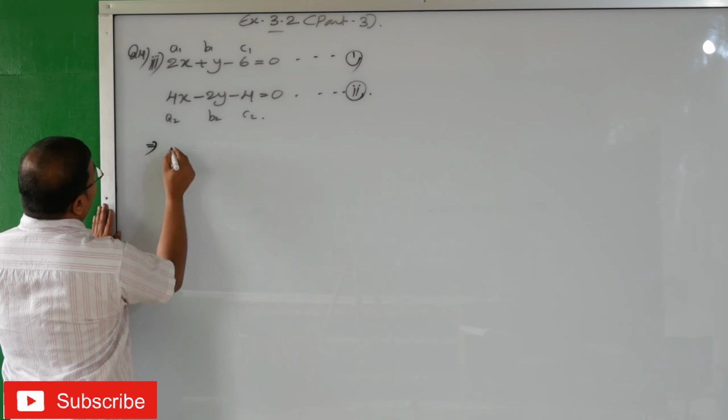When x equals 0, I am putting x as 0. Therefore y is 6 minus 2x. In place of x, what will you write? 0. Equals 6 minus any number into 0 is 0. 6 minus 0 is 6.